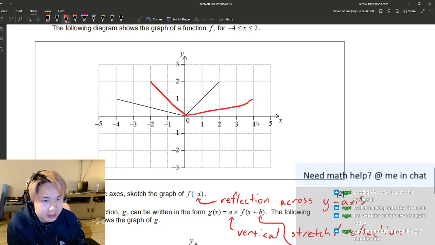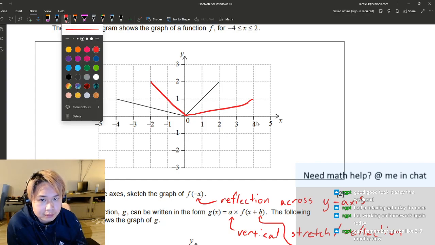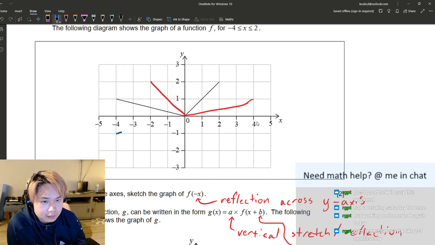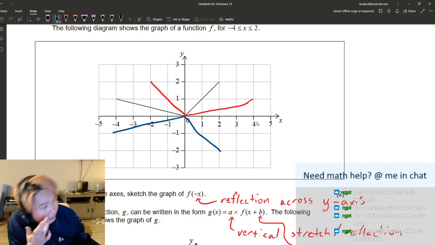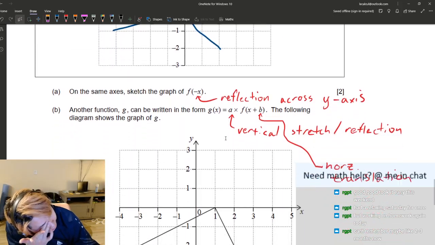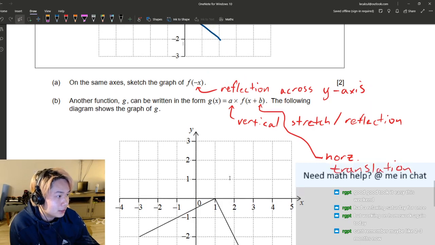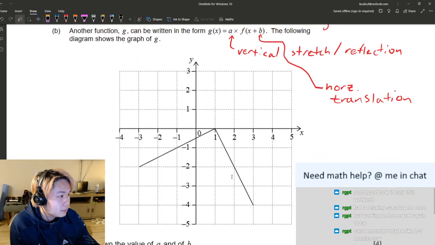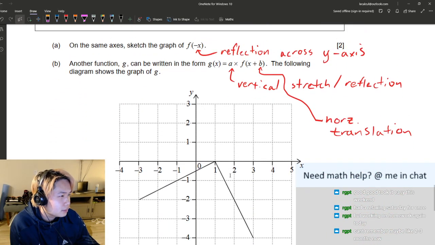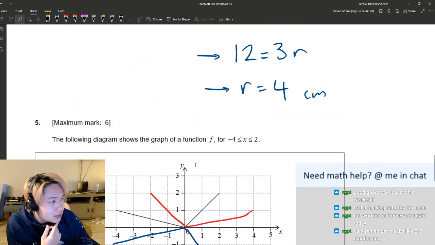And then it should look like this. And then as you can see, it kind of gets pulled downwards and it gets vertically stretched. This is a little weird.